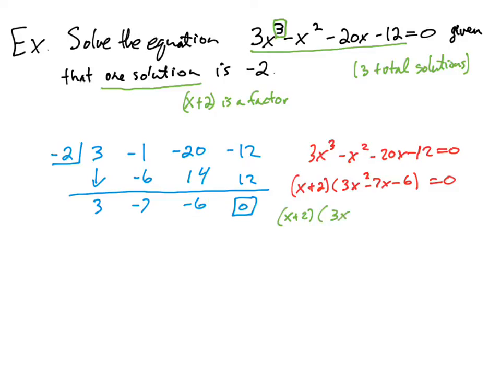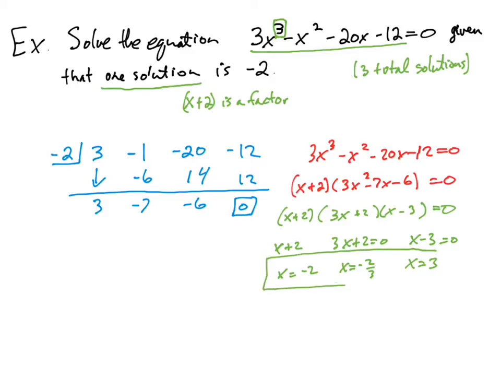That's going to factor to 3x and x, and let's see, negative 3, positive 2, like that. Okay, and then we just take each of these factors and set them equal to 0 to solve. 3x plus 2 equals 0, so x equals negative 2/3. x minus 3 equals 0, so x is equal to 3. So those are the 3 solutions.